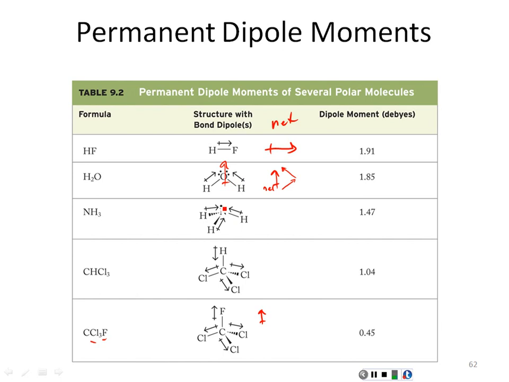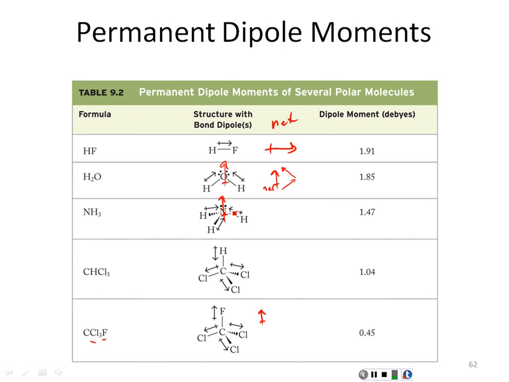And that's the same with nitrogen. We have 3 nitrogen-hydrogen bonds. And remember, this molecule is not planar, it's trigonal pyramidal. So you're actually going to get a net dipole up through the center of the nitrogen.